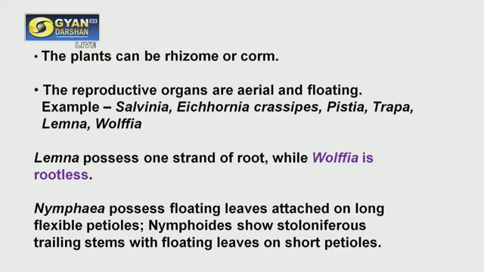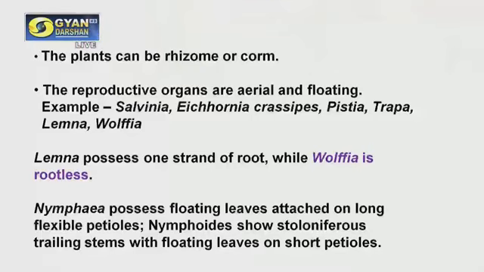Eichhornia, the common name is water hyacinth, which is very common in the ponds, even sometimes in the rivers. This is an exotic plant, and usually in the rainy season you will find a lot of water hyacinth accumulation in the ponds. Pistia, Trapa, Lemna, Wolffia. So Lemna, in fact, has a very rudimentary root, one strand of root.